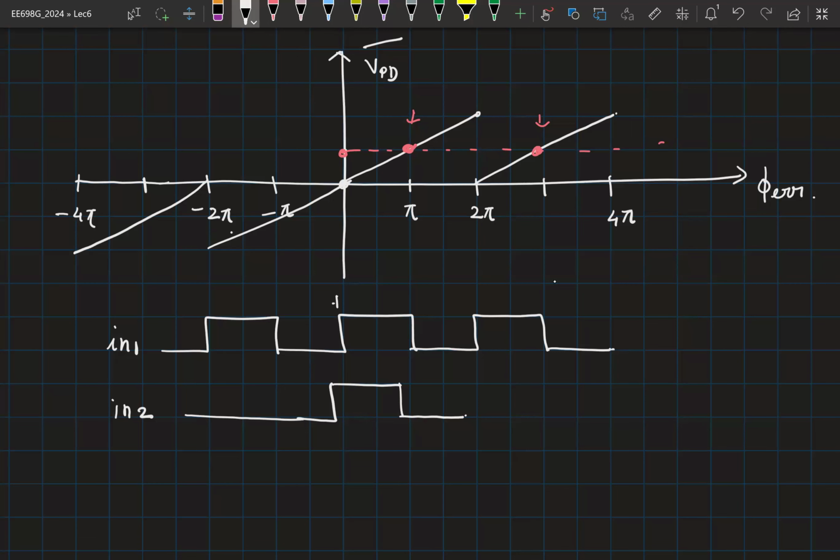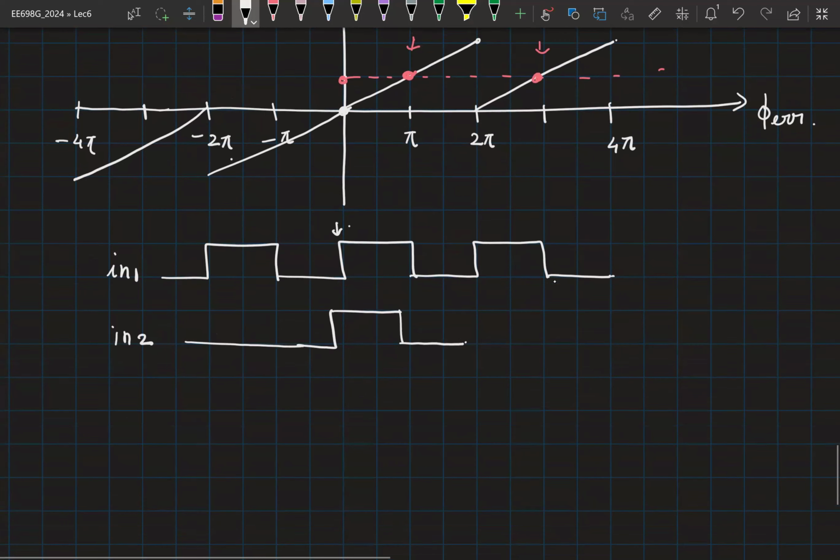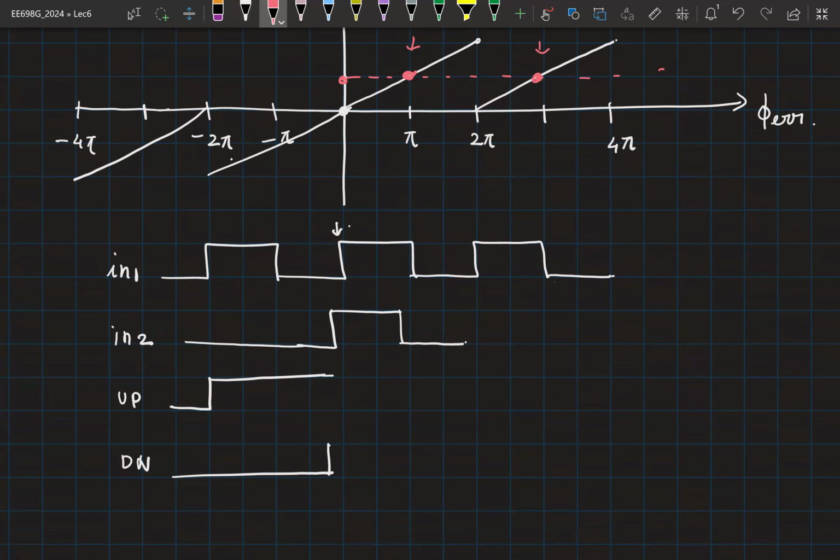Then you will miss out on this edge. Is that the concern? So let's sketch up and down quickly. Up is going to go high here. Down is going to go high here. And the scenario that he's talking about is, so I'm not going to sketch a T reset. I'll simply assume that it is coming down after a T reset.